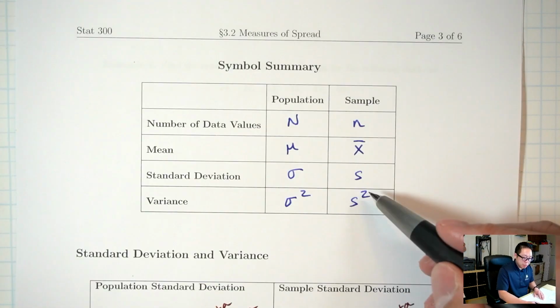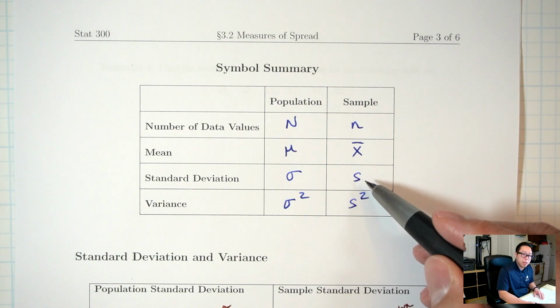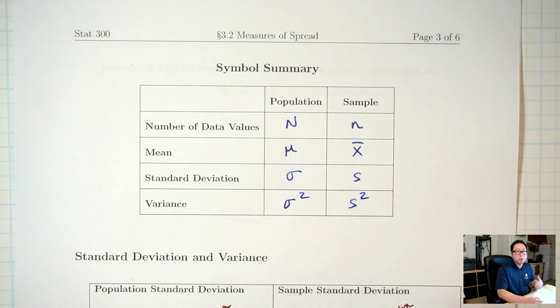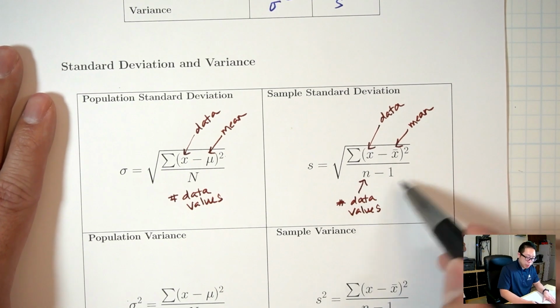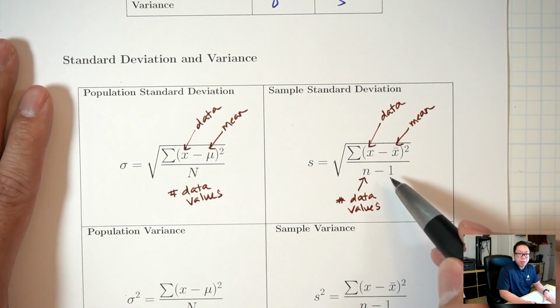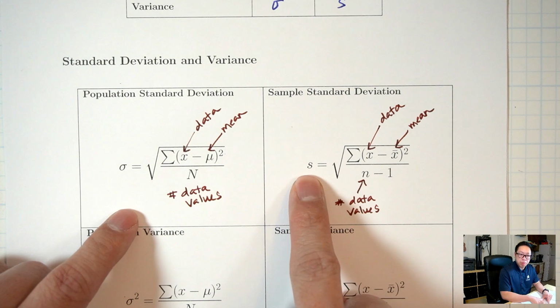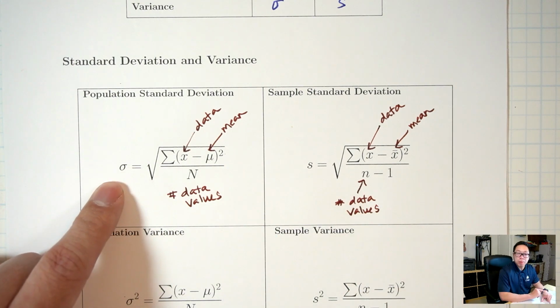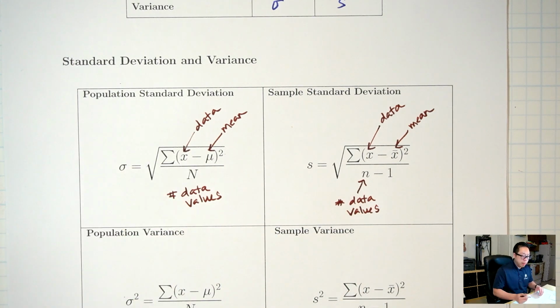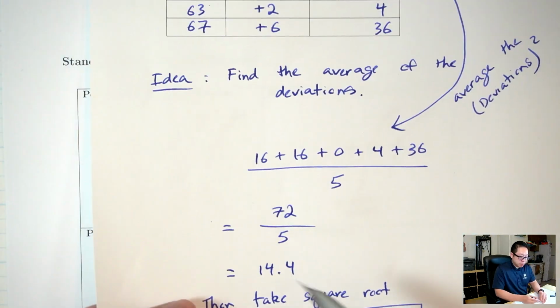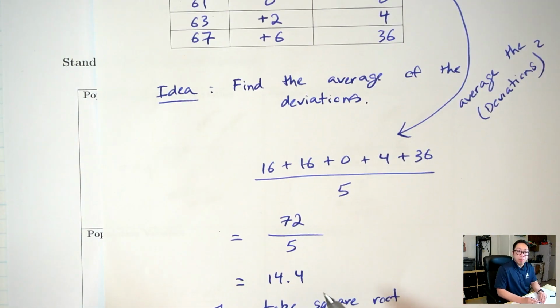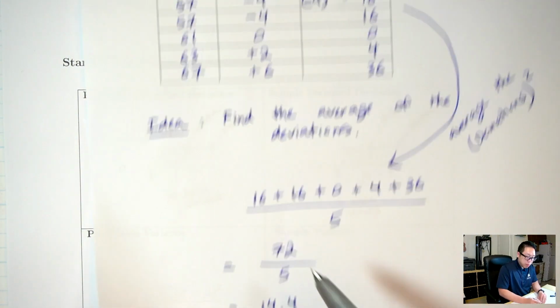The answer you get is usually always too small. So to adjust for that, if you replace it with n minus 1 instead of n, you do get a good approximation, right? The sample number is a good approximation to the population number. Okay, so that's the only difference. When you go to the divide step, if we're talking about sample, you divide by 1 less.